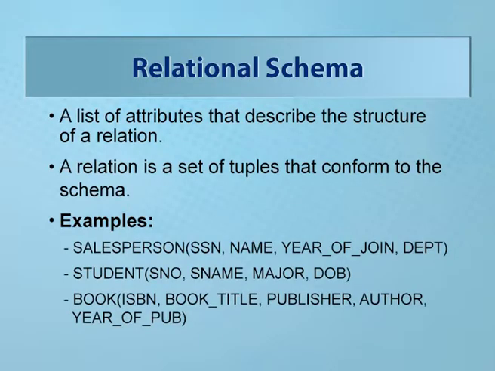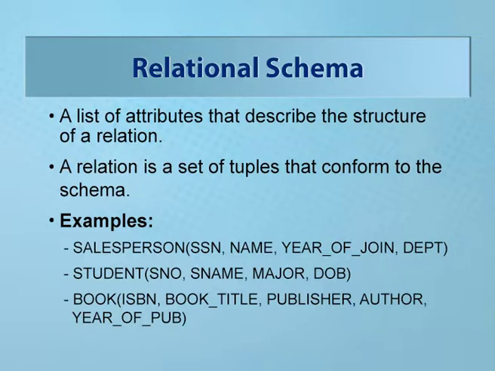Relational schema is nothing but you are identifying the relation name with various columns or attributes. For example, here I had selected salesperson as the relation name, social security number, name, year of join and department as the attributes or column names.